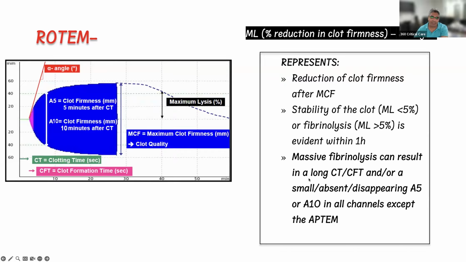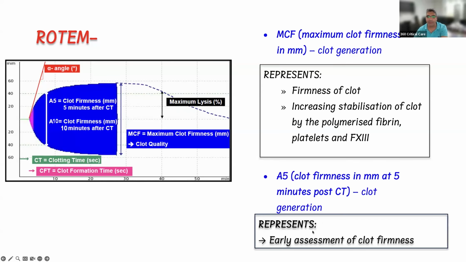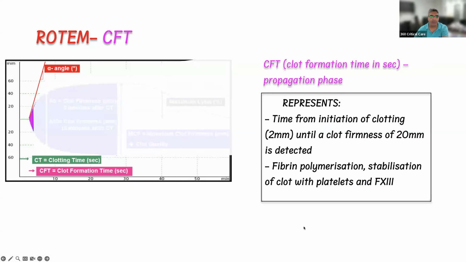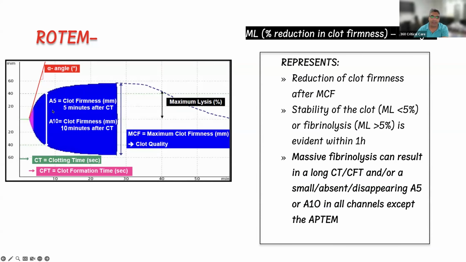Massive fibrinolysis can result in a long CT or clot formation time and a small or absent A5 or A10 in all channels except HEPTEM, because in HEPTEM you give aprotinin, which neutralizes the fibrinolysis. So that's how you know. In HEPTEM, if the times are getting corrected, but everywhere else it is abnormal, then it is a fibrinolysis issue.